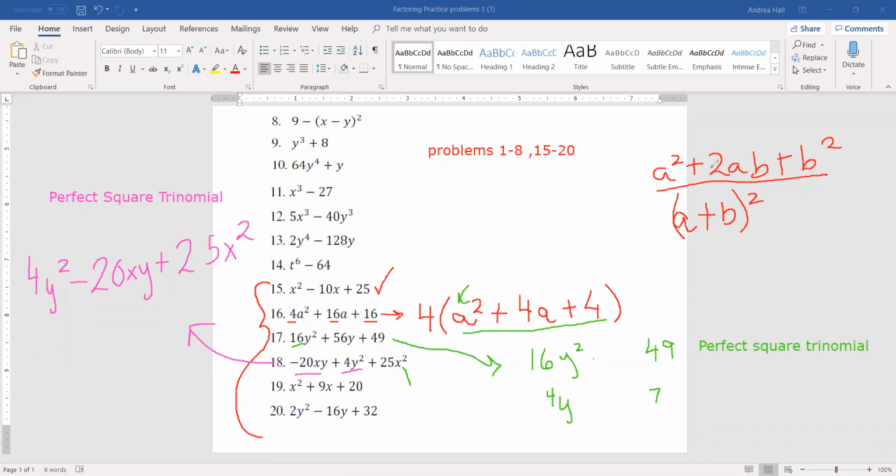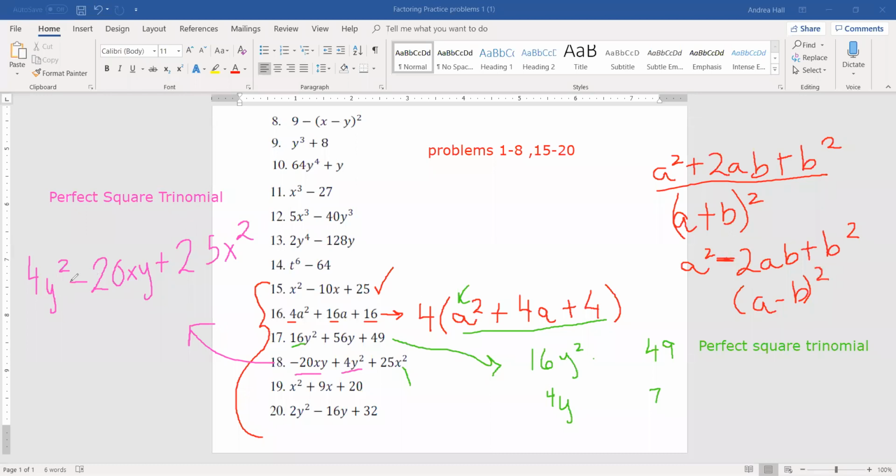If there's a minus in between here, if it was a squared minus 2ab. Now remember, the a squared is representing the first term, right? The b squared is representing the last term, and you take the square root of it. That's how you get the a and the b, right? So then it would just be a minus b, squared, if there's a minus here instead of a plus, right?